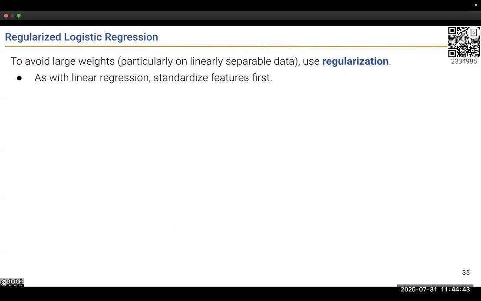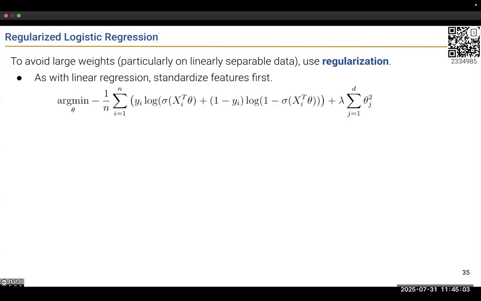Okay, and so how do we avoid this? With a linearly separable data set, what do we do so that our theta doesn't blow up? Well, remember, one way to regularize the size of your parameters is by regularization. So you can use something like ridge on logistic regression as well, because ridge will penalize the size of your parameters.